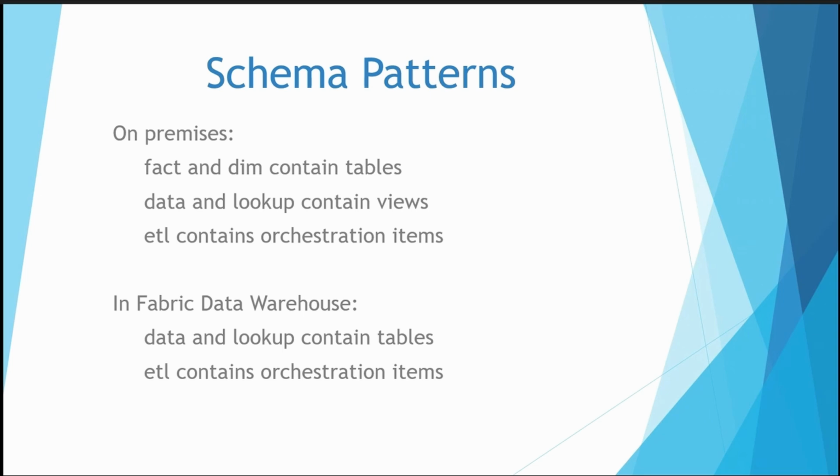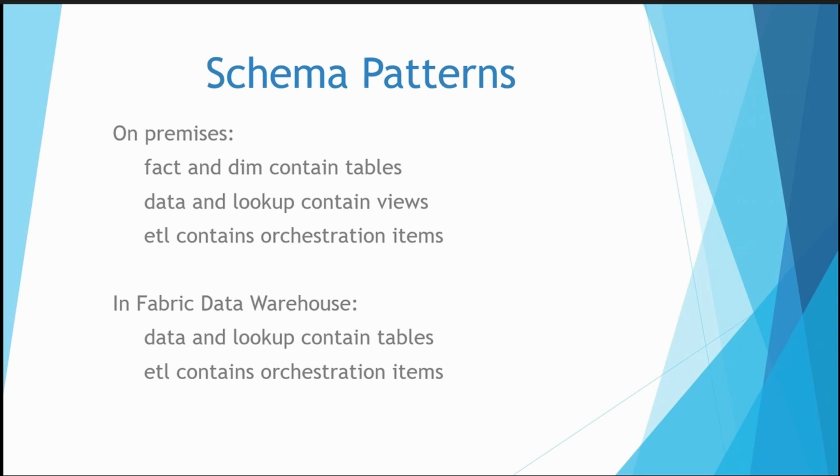Then on top of those, I create views in a data schema and a lookup schema: the data schema has views on the fact schema tables, and the lookup schema has views against dimension tables. I do this for, I think, three main reasons.